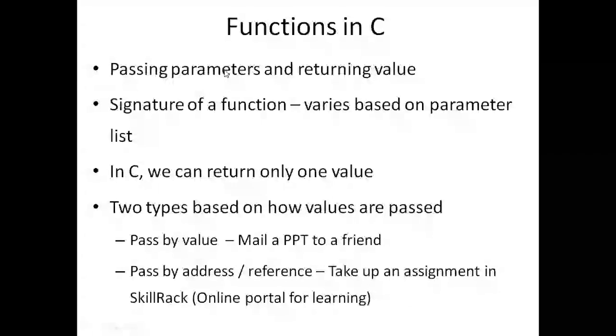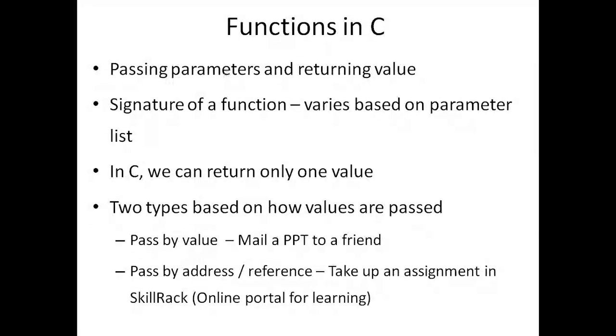So when the caller function is making a call to a particular function, it passes the required information as parameters to the called function, and after the called function finishes its job, it communicates to the caller function by returning some value. And the signature of a function is the number and type of parameters we pass for the function.